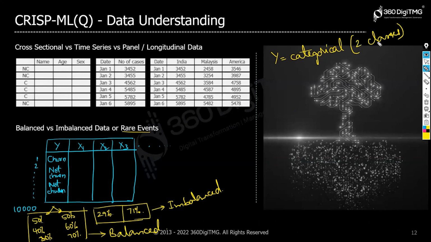If your output variable has two classes or two categories, then this rule applies.